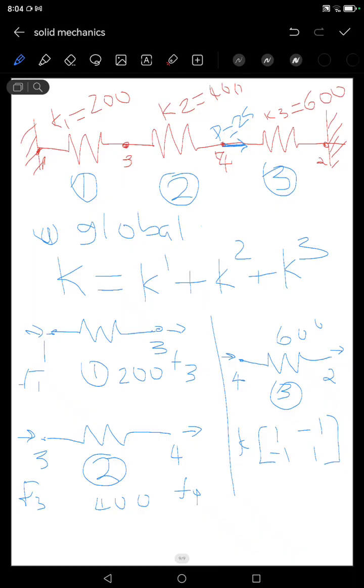Now let's write K1, K2, K3, and then after that we're gonna add them together so that we can get the global stiffness. Remember, we have node 1, node 3, node 3, node 4, node 4, node 2. So just remember, element 1 goes with 1 and 3. Element 2 goes with 3 and 4. Element 3 goes with 4 and 2.